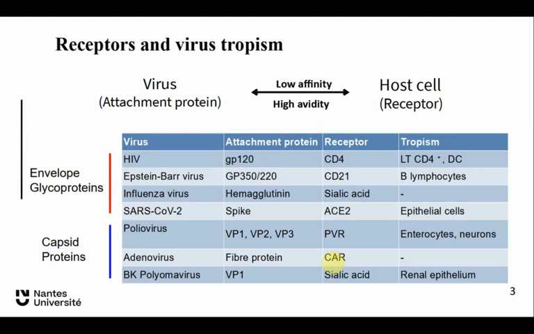In the human respiratory tract, in the upper respiratory tract, in your nose, we've mostly got alpha 2,6 sialic acid on glycoproteins.